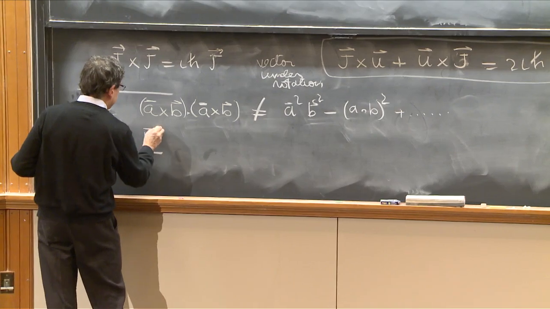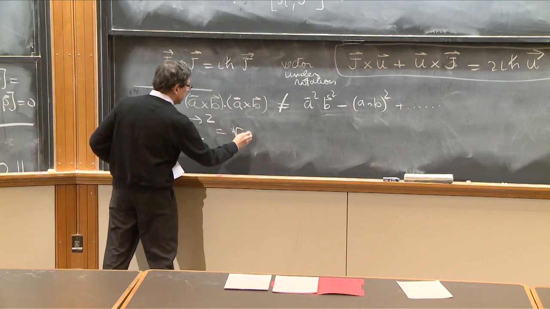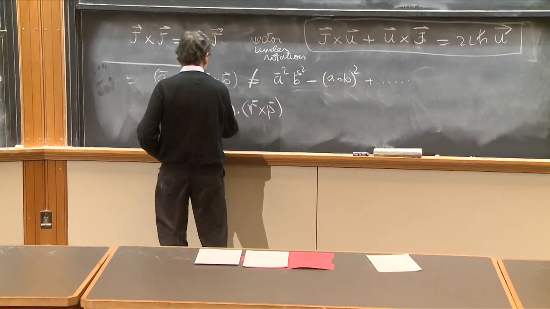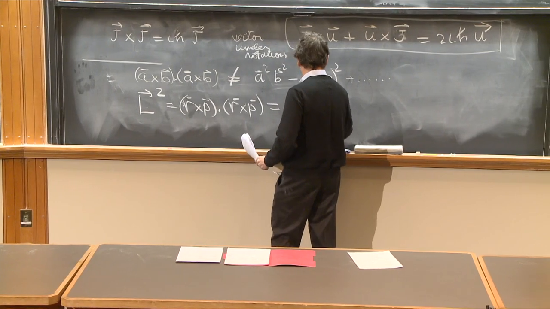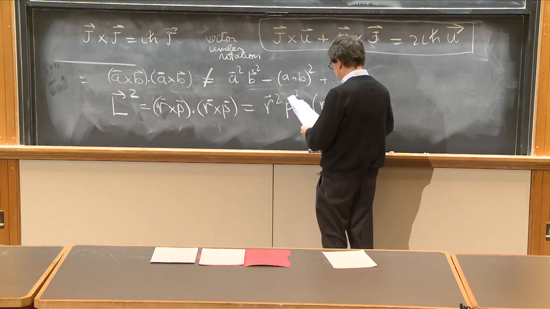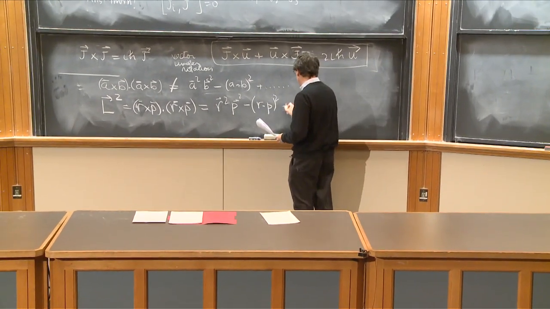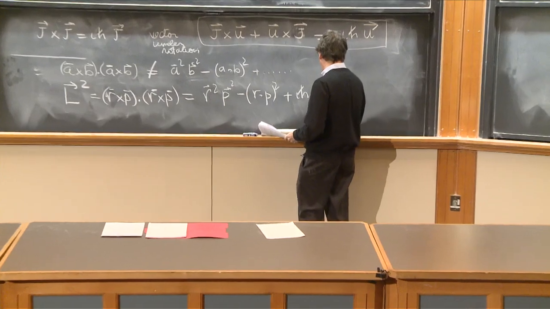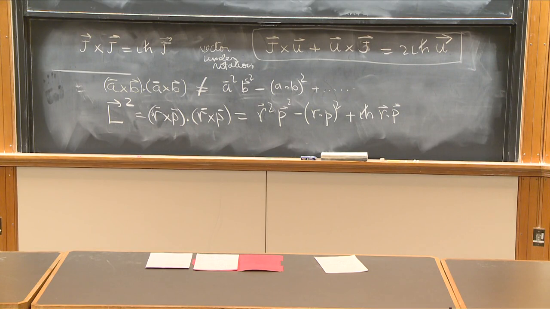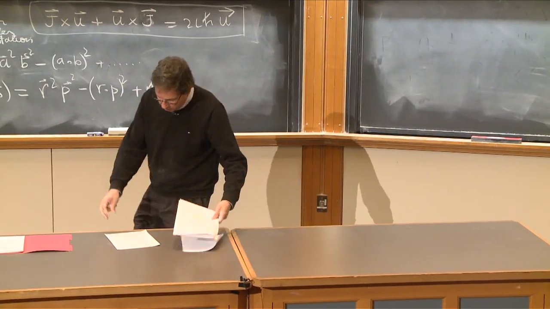So our case of interest is L squared, which corresponds to R cross P times R cross P. And indeed, it's not just R squared P squared minus R dot P squared, but there's a little extra, and perhaps you have computed that little extra by now, is i h bar R dot P. So that's a pretty useful result.